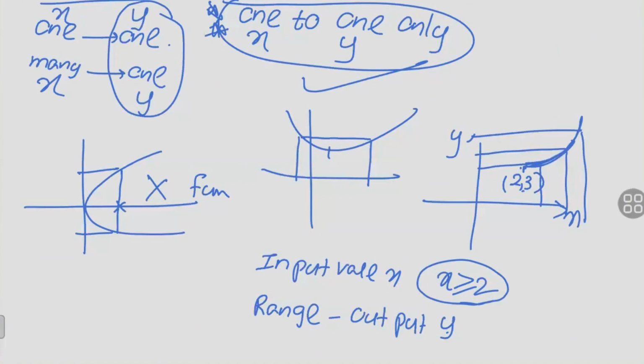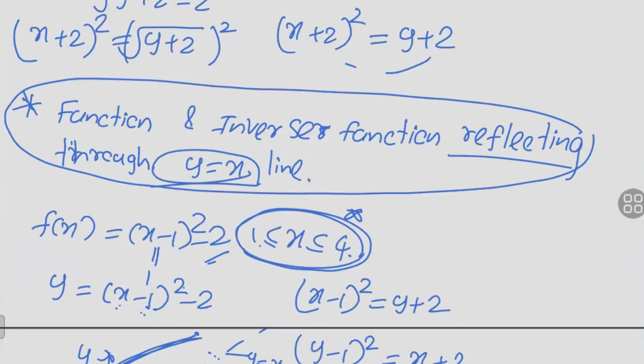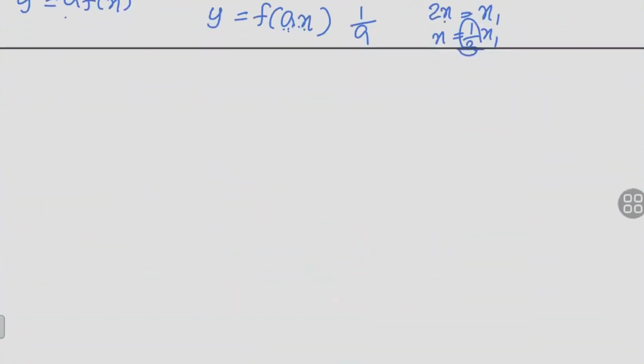Then the other one is why the function has an inverse function. Then you have to say this has an inverse function because this is a one-to-one function. So in the function lesson, that's it. You should know composite function, inverse function, all four types of transformation, and the function and inverse function, and definitely remember this relationship.